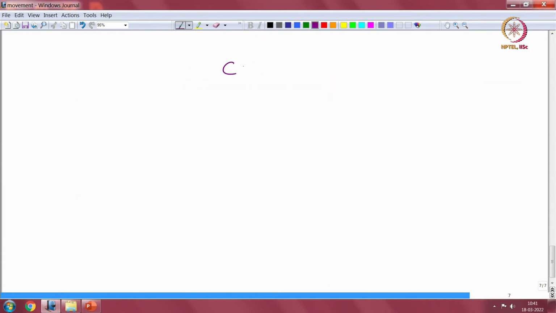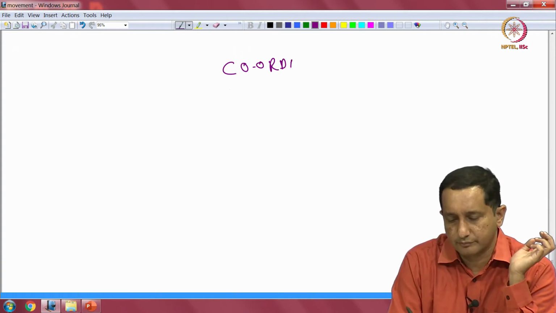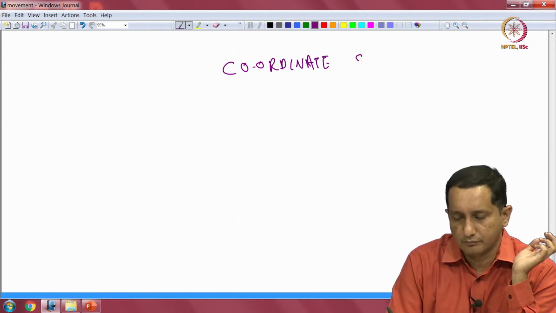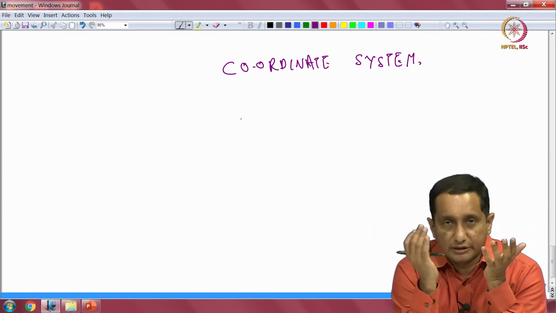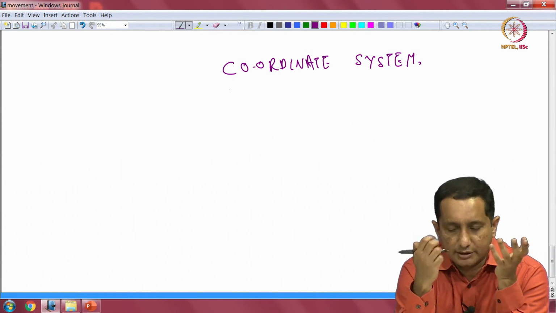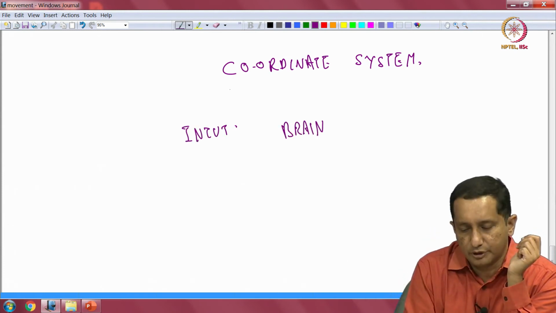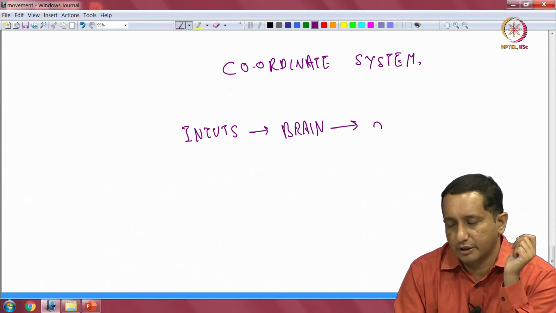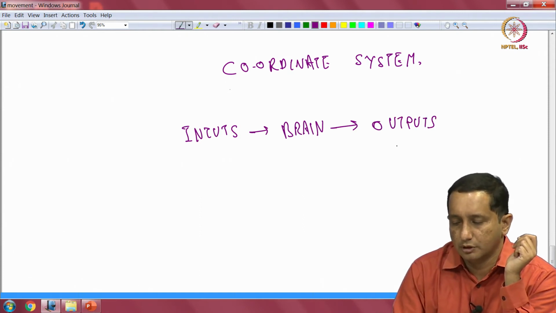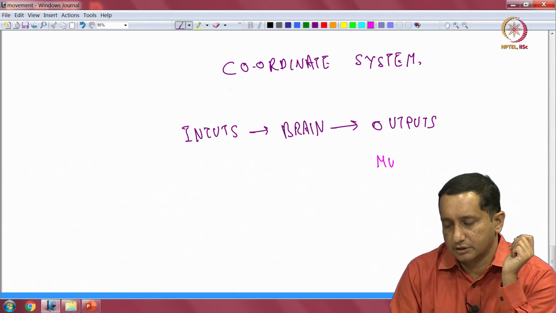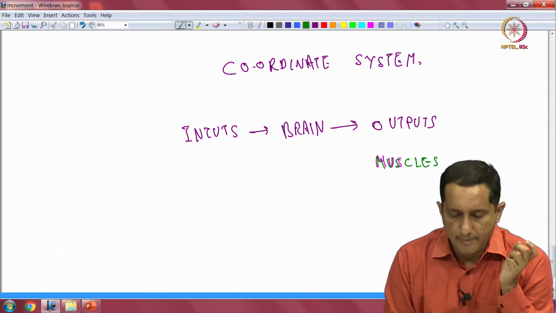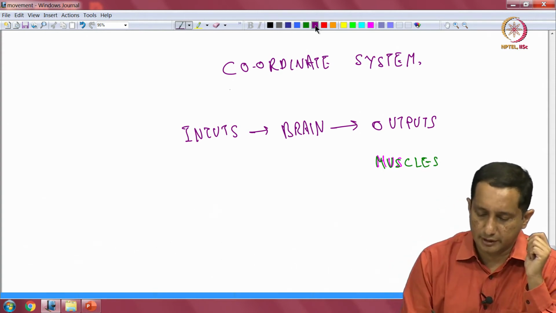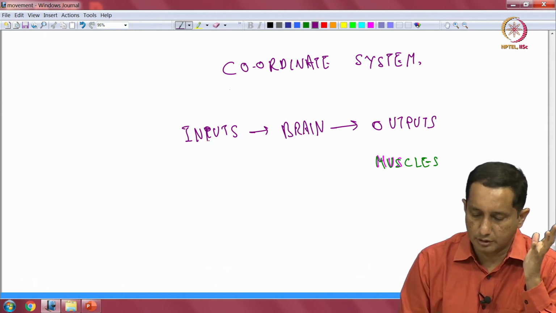The next challenge which I am addressing is the coordinate system. Now, the brain is enclosed within the skull, and it has inputs which go into the brain, and then you have the outputs. Output in general is muscles, but inputs in turn are not very specific.